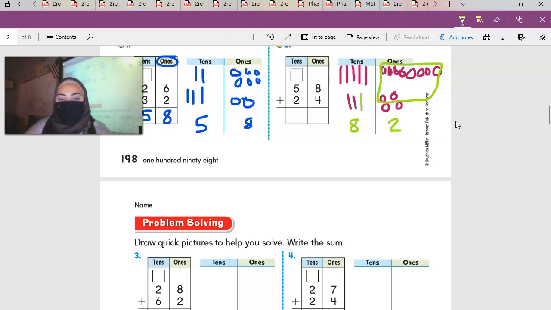All right, now let's do it elevator escalator way. First, we always add the ones place first. We always add what? The ones place value first. Now, what's 8 plus 4, class? 8, 9, 10, 11, 12. So the 2 stays in the ones place, and the 1 you carry over.